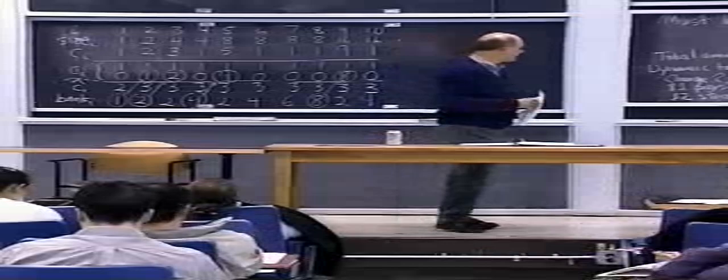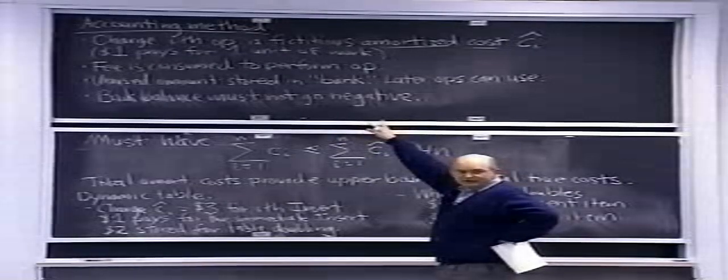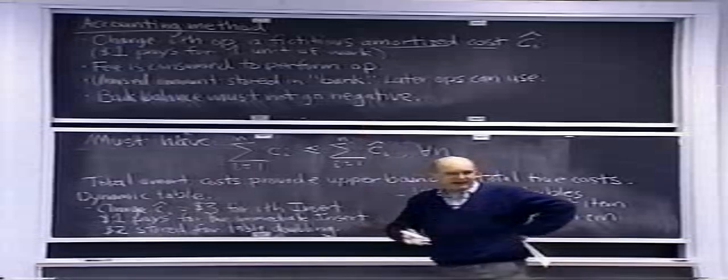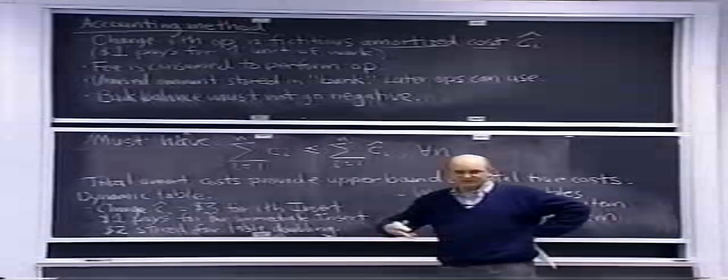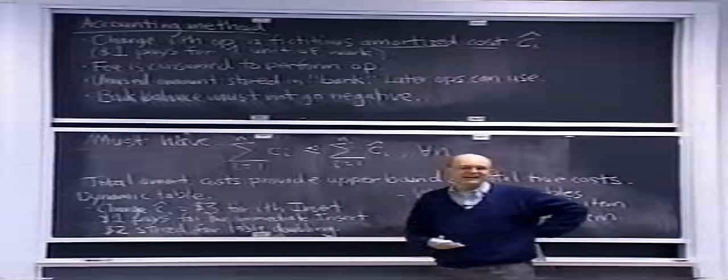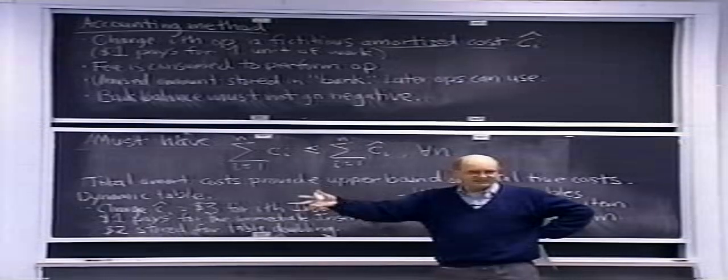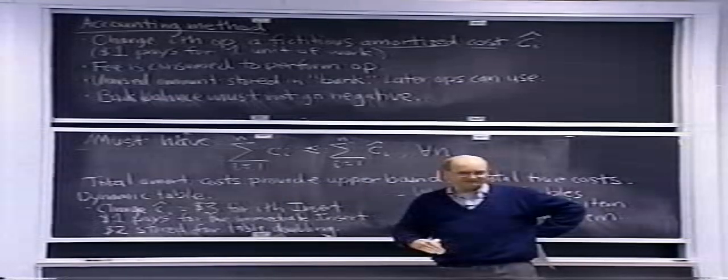And the way that works is sort of the opposite of the way that the accounting method works. The accounting method charges for each operation some amortized cost, and then you look at the bank balance. Okay, make sure it doesn't go negative. In the potential method, you start out the other way. You say what the bank balance is, and then you figure out what the amortized cost of each operation is. Okay, so you go the other way around.